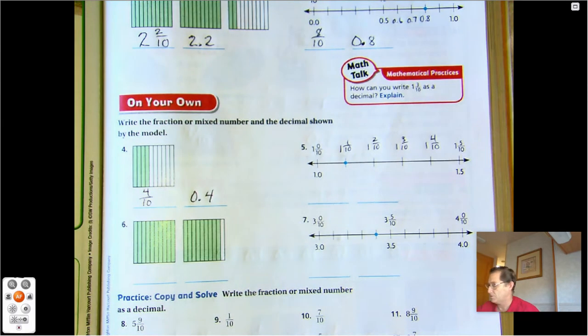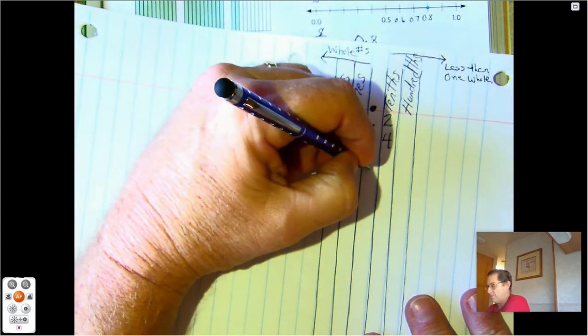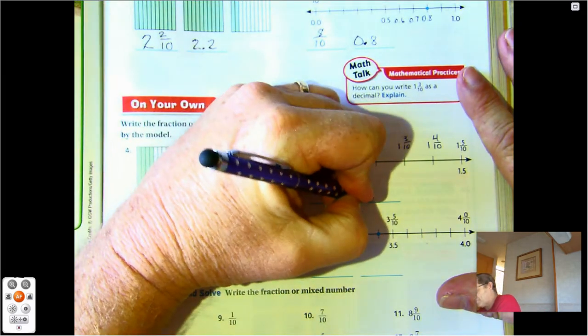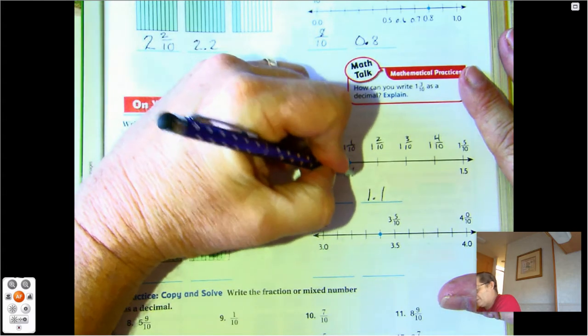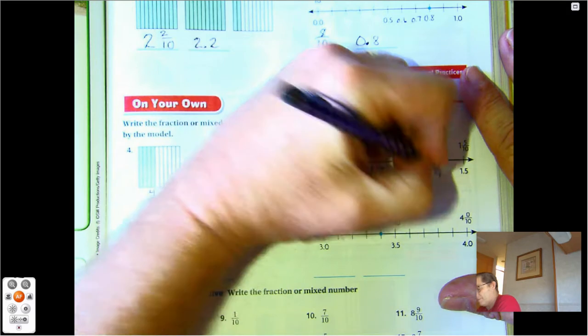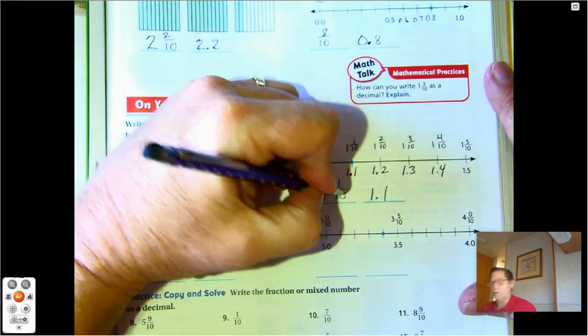Okay, so 1 and 1/10. I said 1 as a whole number, and there was also a 1 in the tenth place, so 1.1. So 1.1 is our decimal, and as a fraction, it was 1 and 1/10.